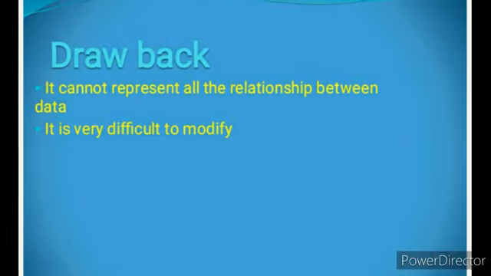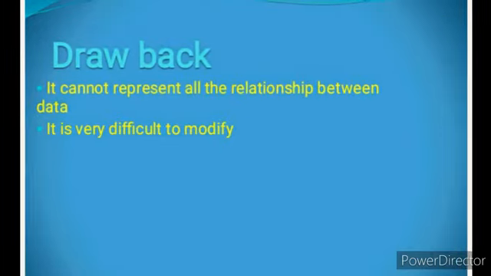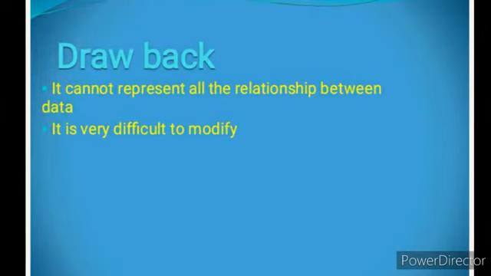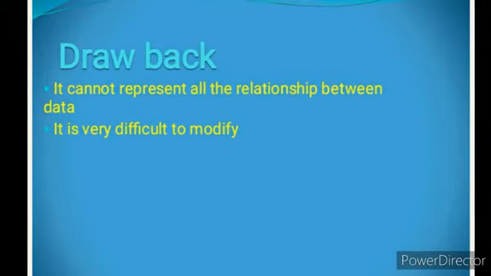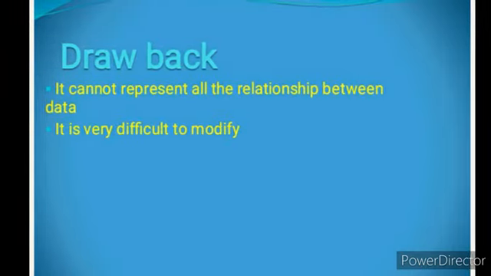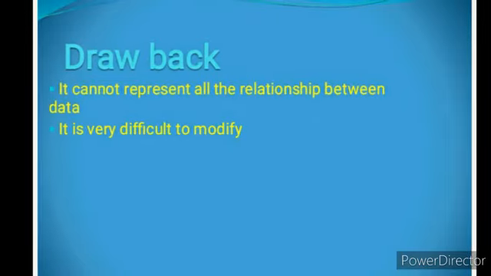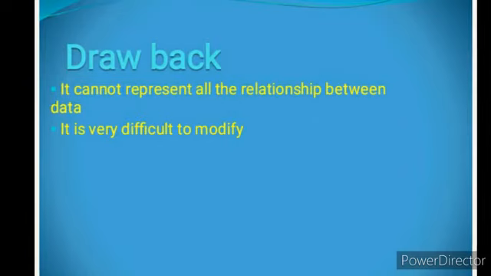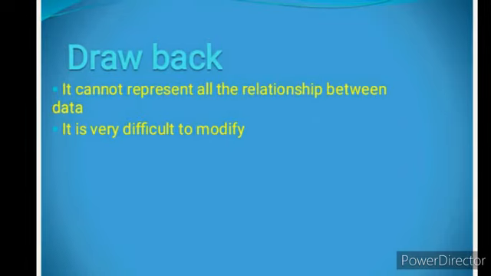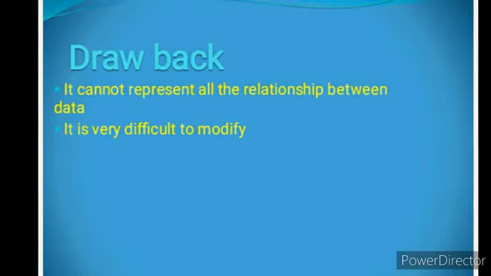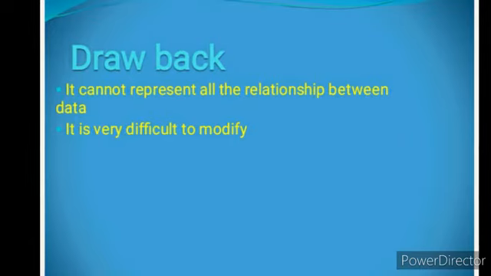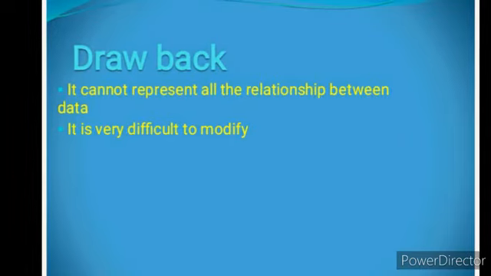Next, it is very difficult to modify, because our data is represented at different levels, so it is difficult to change data at different levels or create associations between levels.